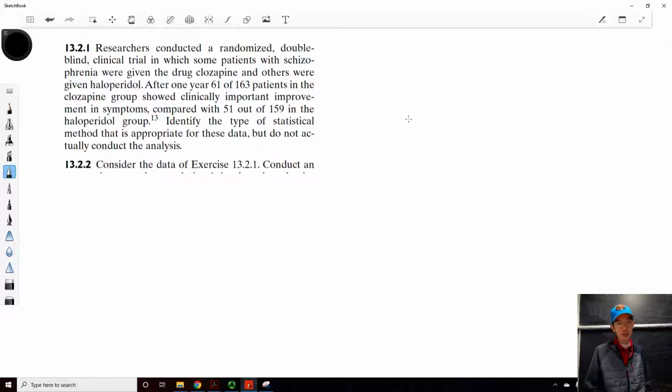Okay, so what is our answer here? Well, let's look through this. All right, what is our response variable, and what type of data is it?